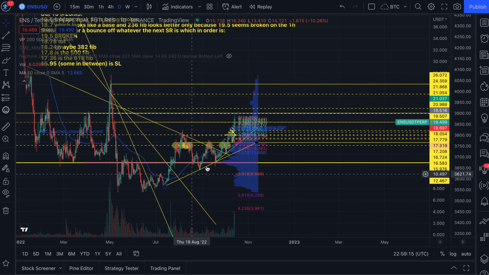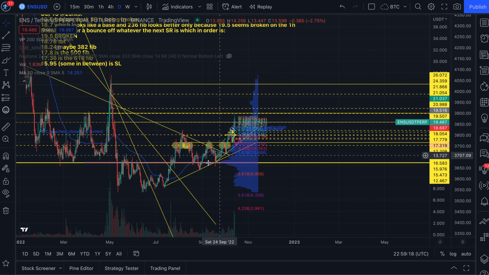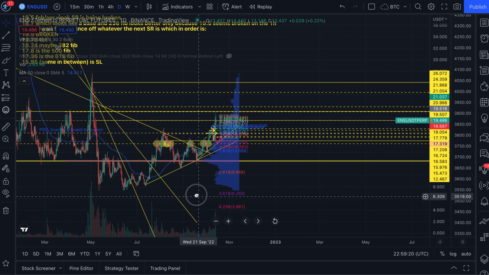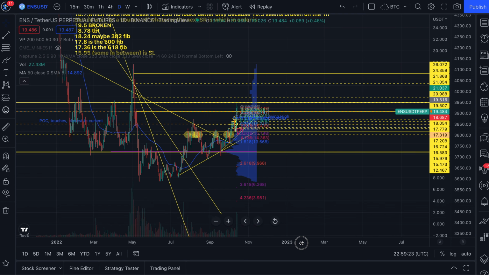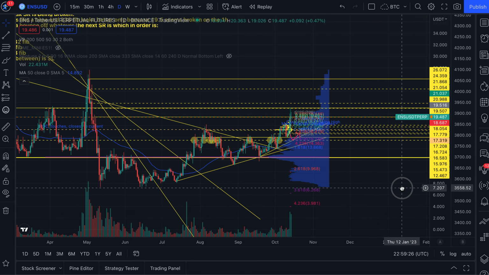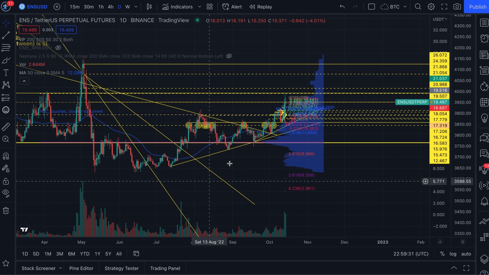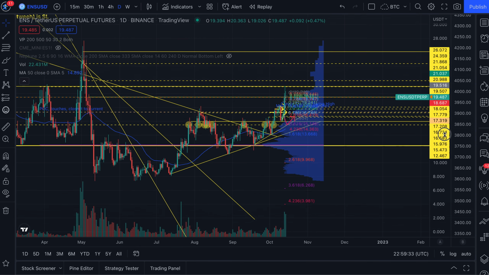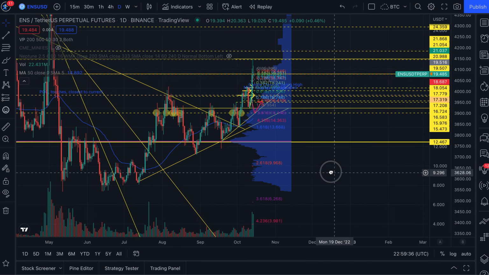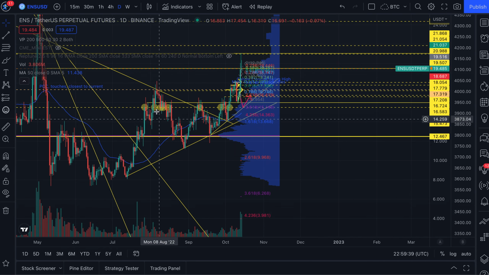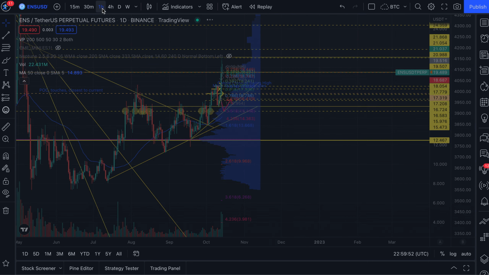Actually, I was sort of looking at some kind of a triangle formation here, but what got me interested in this was that it had quite a bit of relative strength compared to Bitcoin and other crypto, even Ether. This was doing a lot better. And what really caught my attention was when it took out this high. Once it took out this high, then it really got me interested. And if we zoom in here, I was definitely looking at this on the 1 hour.